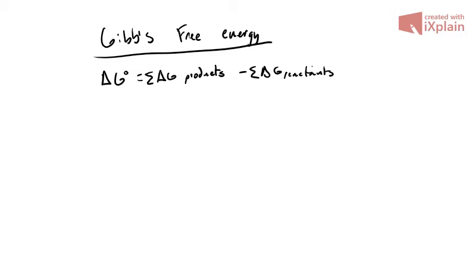Now, when we're dealing with an event where you don't necessarily know the delta G of the products or the reactants, but you do know the enthalpy and the entropy, we use this equation. Delta G naught is equal to the delta H naught minus the temperature in Kelvin times the delta S naught.